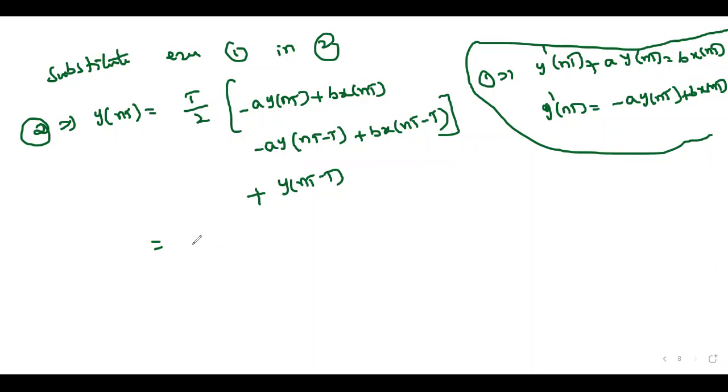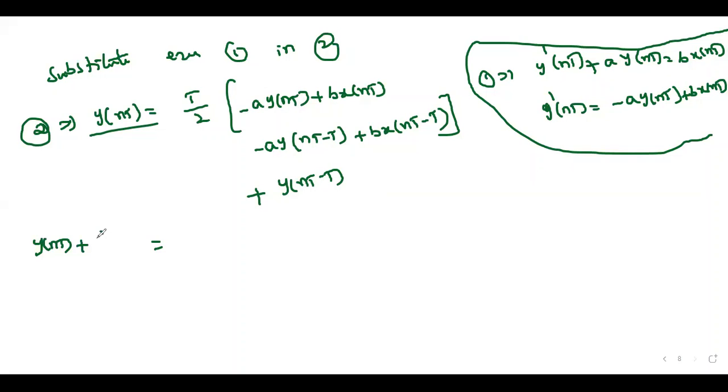Then what we do is we will gather y of nT terms on one side and y of nT minus T terms on the other side. This side y of nT is there, and this side y of nT is here, so we'll take it to this side. It is minus, it will go to plus here.